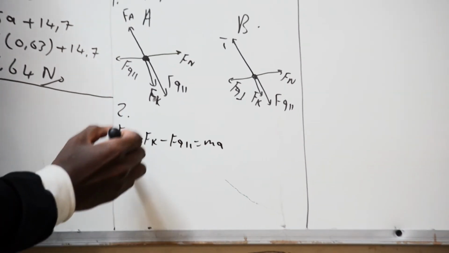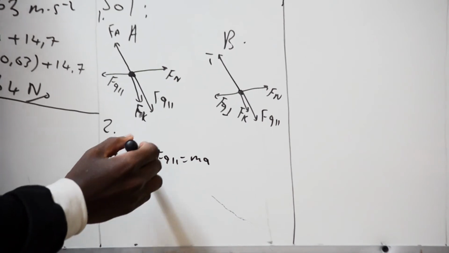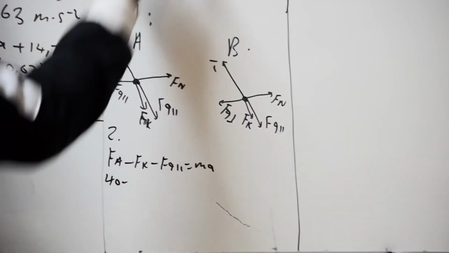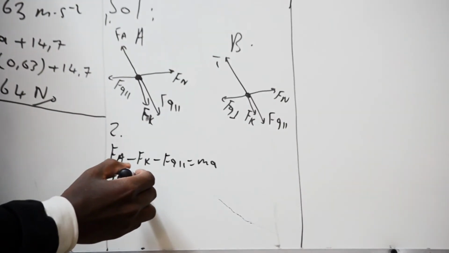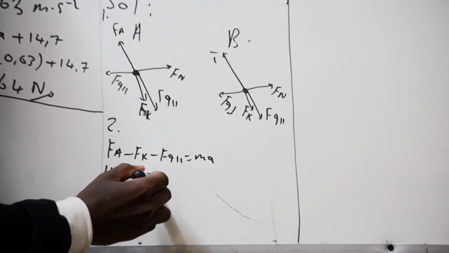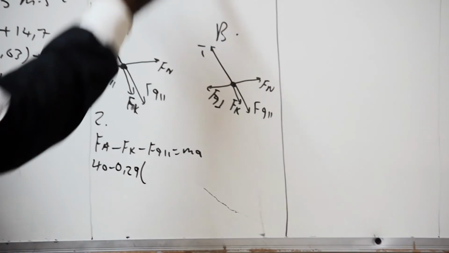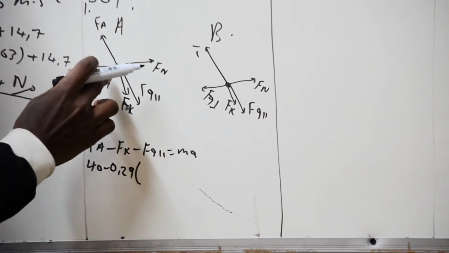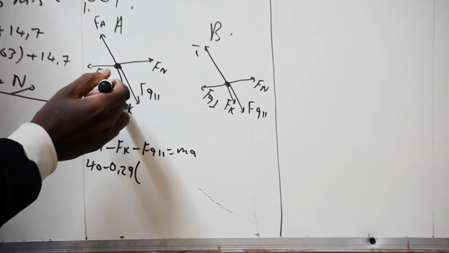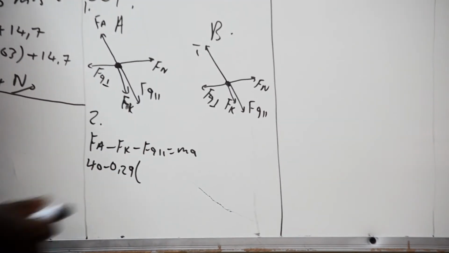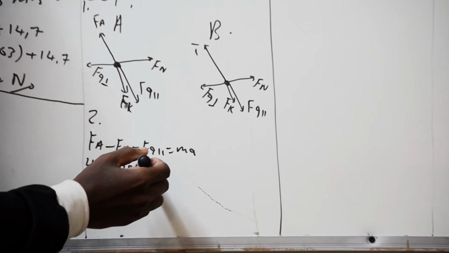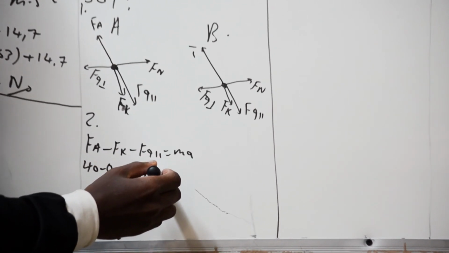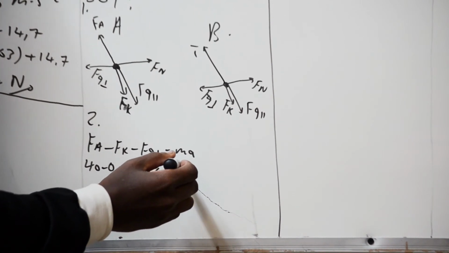So Fa is 40 Newton, Fk is the coefficient, 0.29, times the normal force. The normal force is opposite Fg perpendicular, which is Mg cos theta. So it's 1 times 9.8 cos 30.